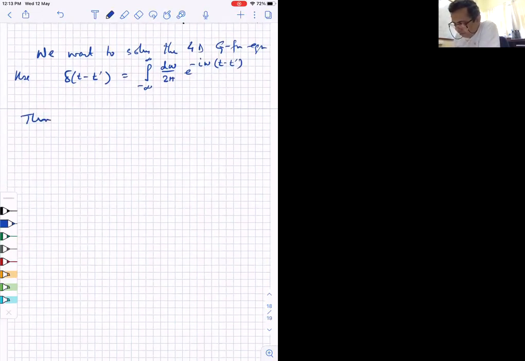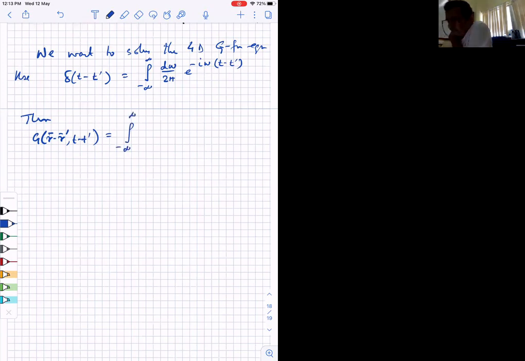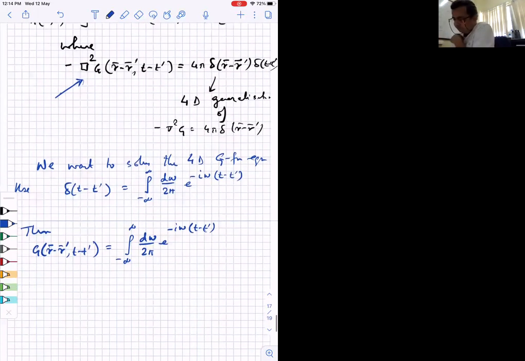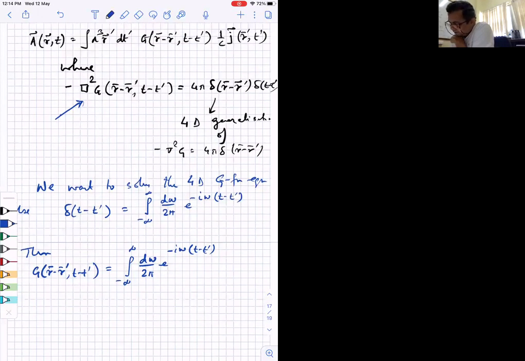Then I have my G, which is a function of R minus R prime and T minus T prime. This will become an integral from minus infinity to infinity of d omega by 2 pi e to the power minus i omega (t minus t prime), and the other one, this delta R minus R prime, that, remember, is similar to the three-dimensional Green's function.